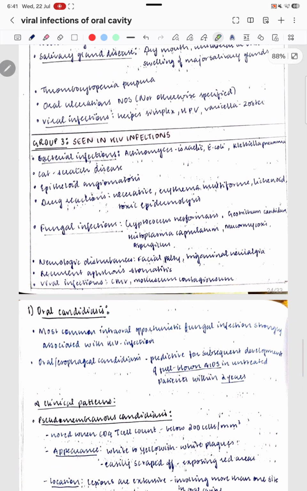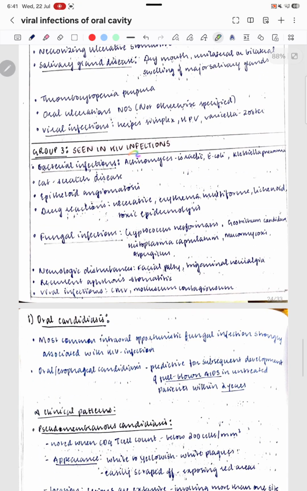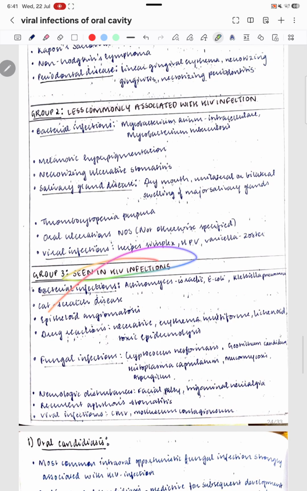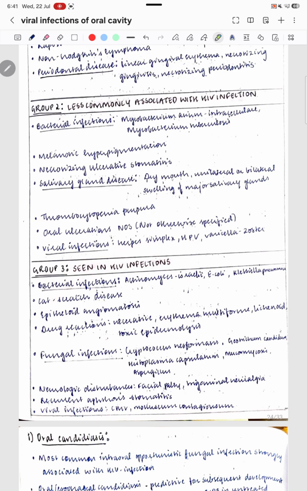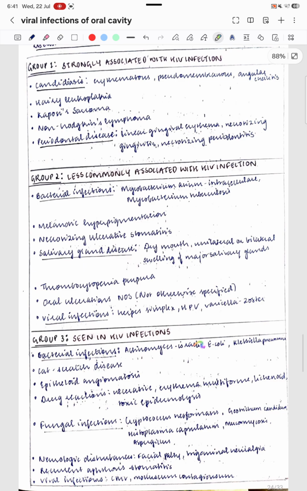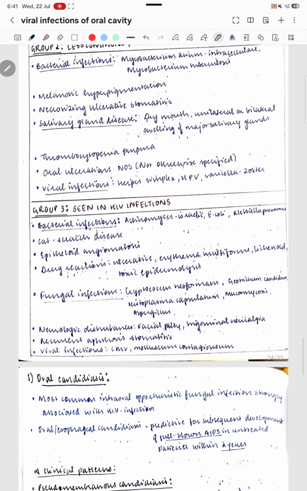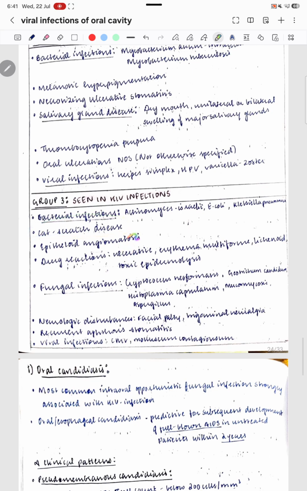Then the third group is the lesions seen in HIV infections. Basically these are seen but cannot be strongly associated with HIV. So actinomycosis caused by Actinomyces israelii could be an opportunistic infection again, as could E. coli and Klebsiella. Then cat scratch disease is also an opportunistic infection.